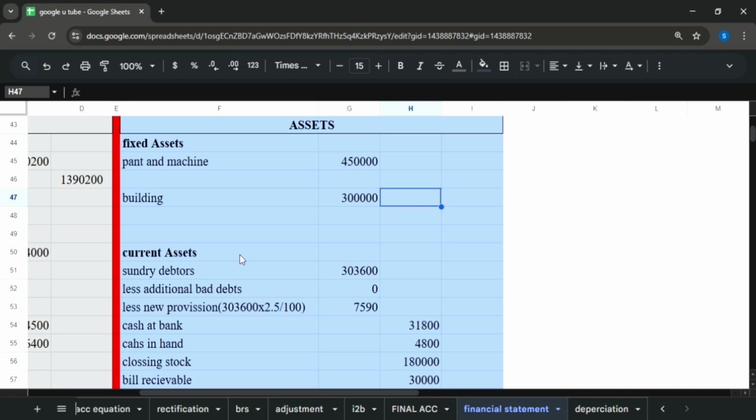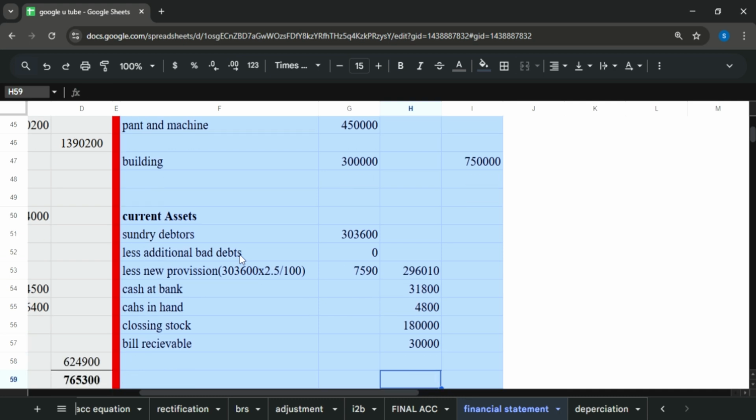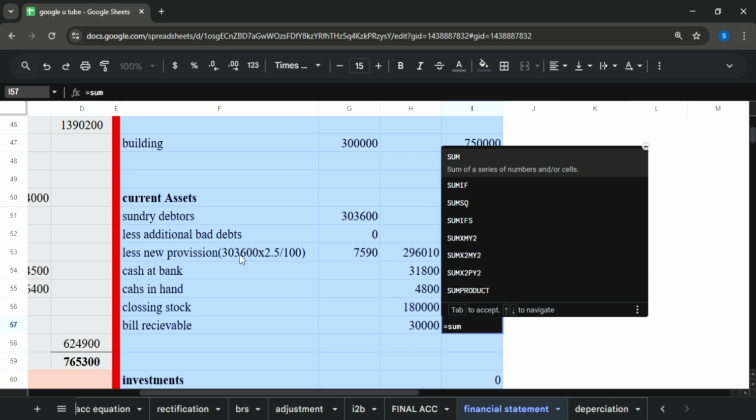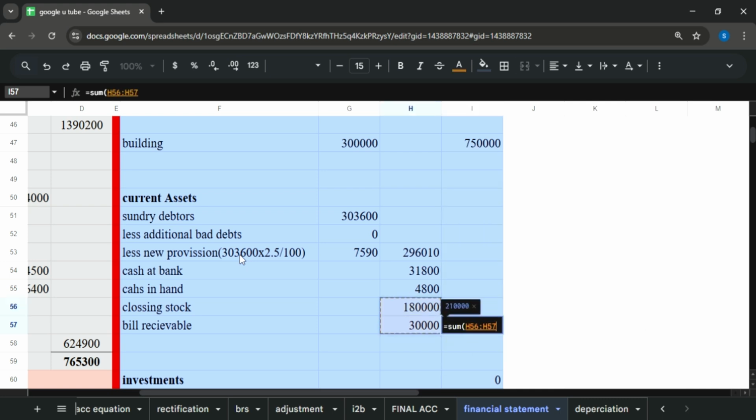Finally, we can calculate total fixed asset. There are two: buildings and plant and machinery. Fixed asset completed. Let's calculate debtors. Amount of debtor minus new provision. Additional bad debts were not present. Here we can now calculate sum of current assets, 542610.